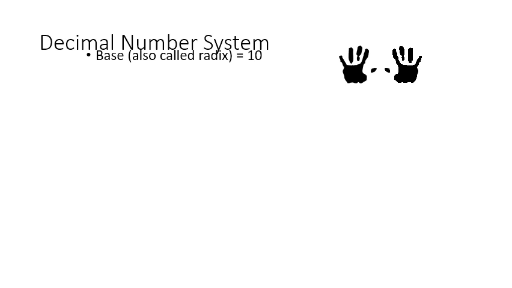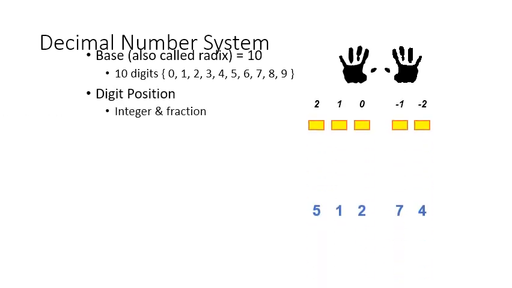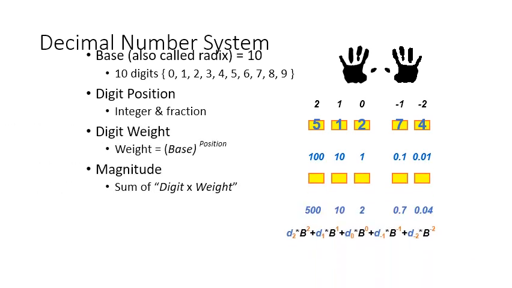The basic number system which you have learned so far is the decimal number system, and the decimal number system is of base 10 because it uses 10 digits from 0 to 9. You can write a decimal number as powers of 10. For example, the number 512.74 has an integer part and a fractional part.